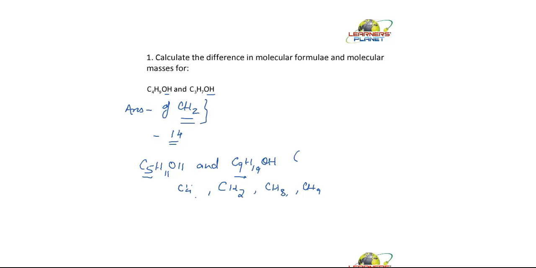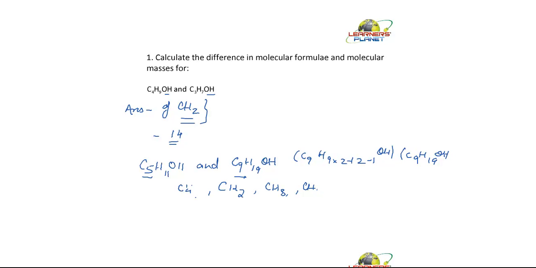How? That is C9H, 9 multiplied by 2 plus 2 minus 1. Right? And OH. So what should it become? 9 multiplied by 2 is 18 plus 2 is 20 minus 1 is 19. So the formula should be C9H19OH. My mistake.